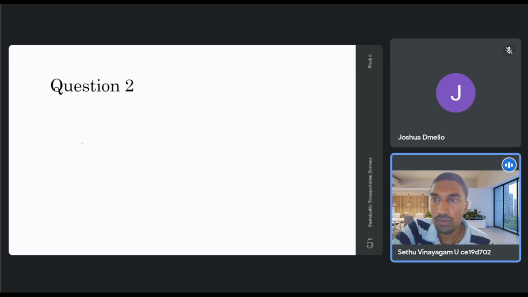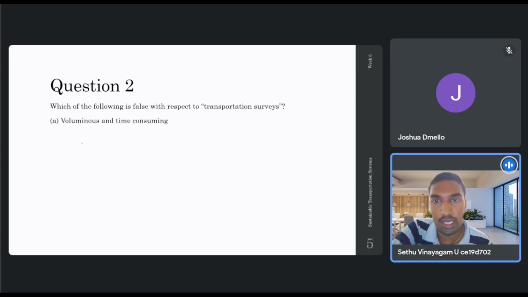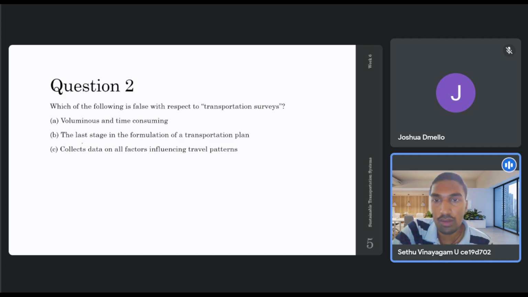Okay, question number 2 is which of the following is false with respect to transportation surveys? Option A is voluminous and time consuming. Option B, the last stage in the formulation of a transportation plan. Option C, collects data on all factors influencing travel patterns.